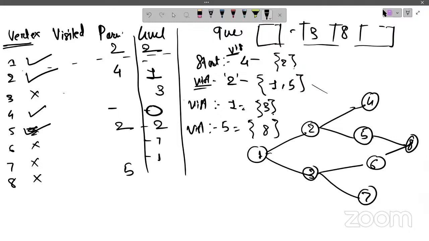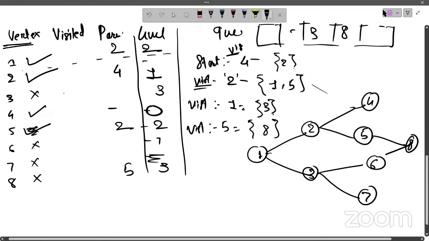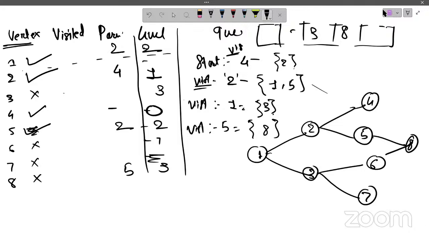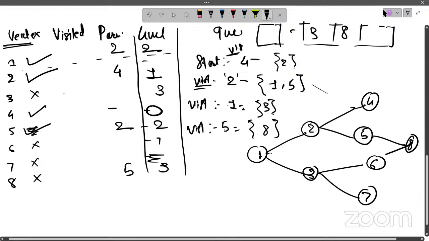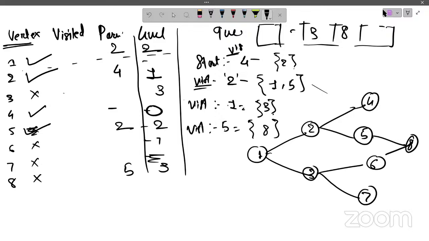And the level of 8 is 3 itself, not 4, because they are coming from the level 2 things, 1 and 5. Since 1 and 5 are at level 2, the level of 8 is 3. Are you getting it, guys, or is this a little bit confusing? Yes. Okay.